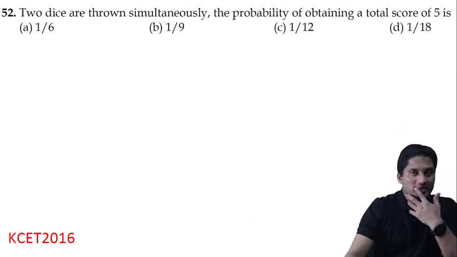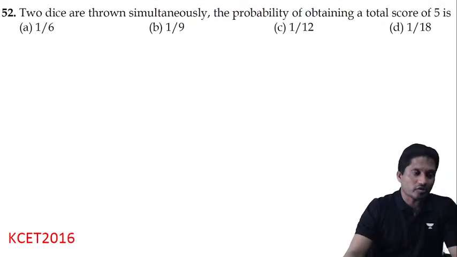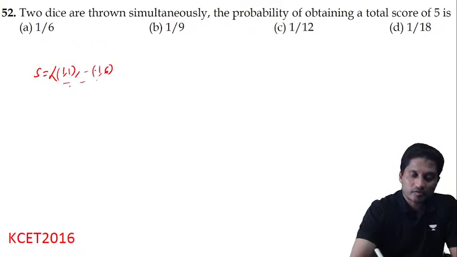Two dice are thrown simultaneously. Probability of obtaining a total score of 5. I taught you the shortcut as well. Two dice are rolled. Sample space is 1 1 to 1 6, and so on up to 6 1 to 6 6. So n of S is equal to 36, 6 into 6.